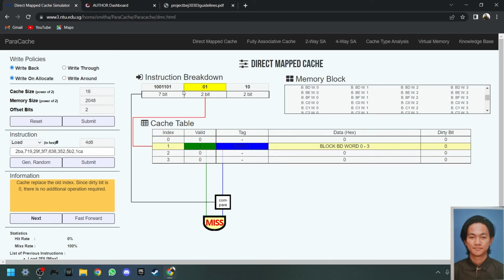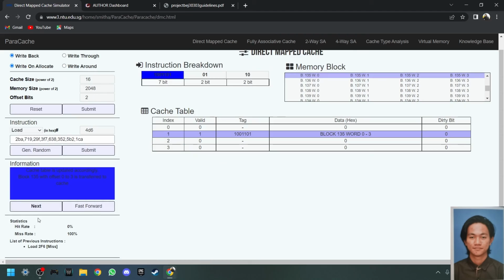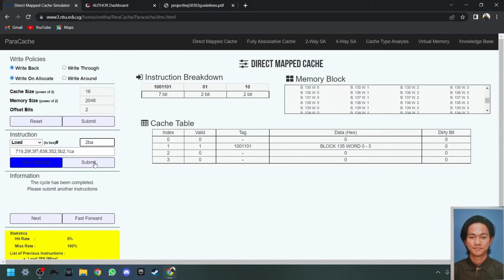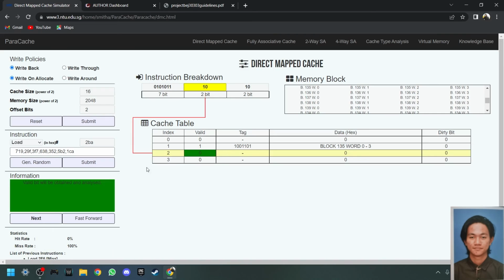And then the old one will be replaced with the new one, and then the valid bit is 0, replaced with the new one, 1001101. And then the next, 2BA, it will be stored here because of this.